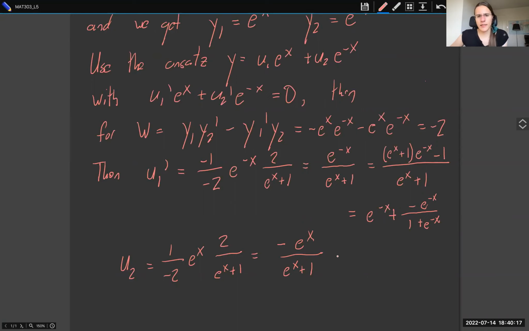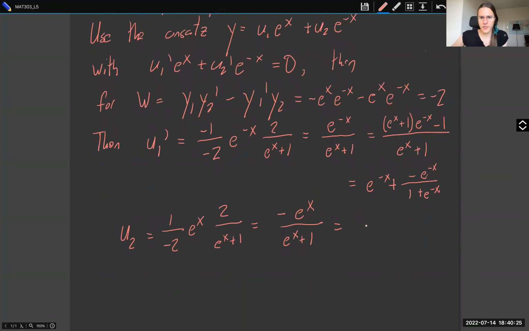I see. That's where that negative sign came from. Okay. I'm pretty sure my notes have a negative sign error then. Well, what we can rewrite this as is minus e to the x plus 1 minus 1 over e to the x plus 1. And so this is equal to minus 1 plus 1 over e to the x plus 1.